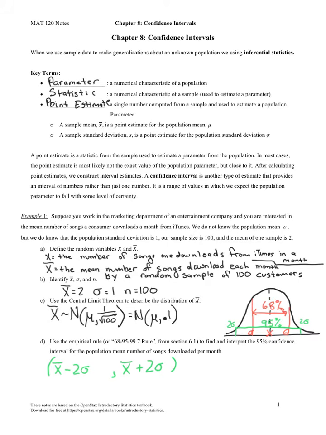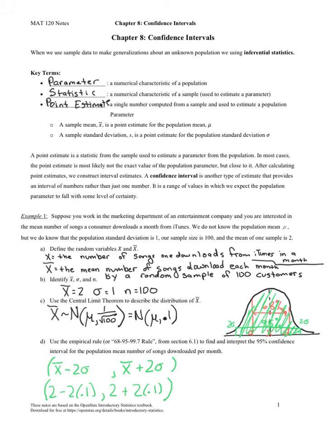To get a visual representation of it, our mean falls in the very center. 2 standard deviations to the left and 2 standard deviations to the right would be this shaded area.